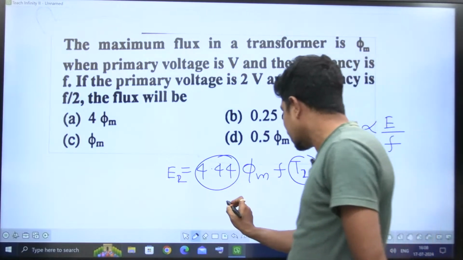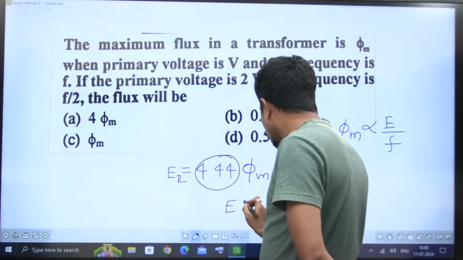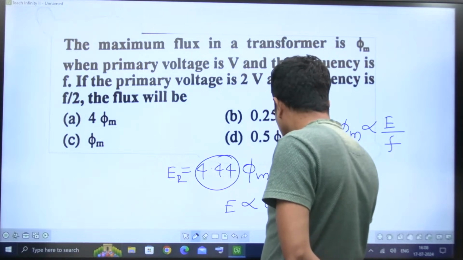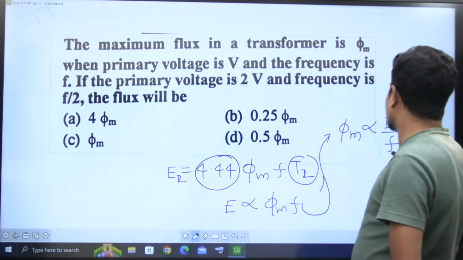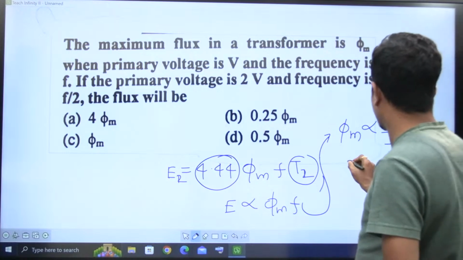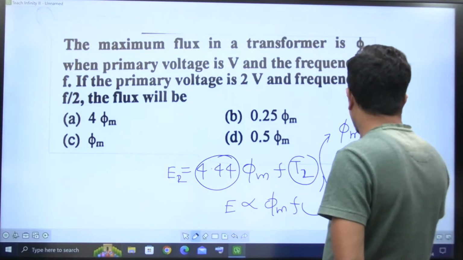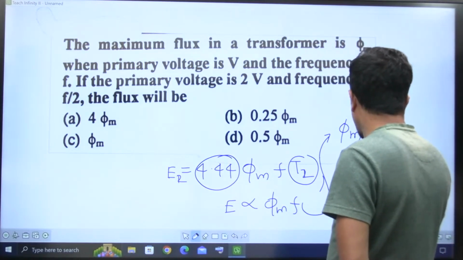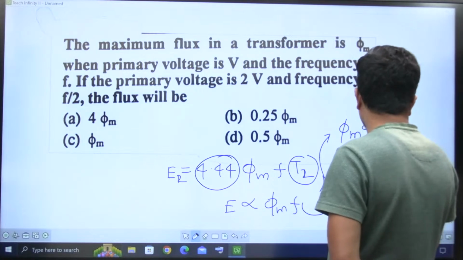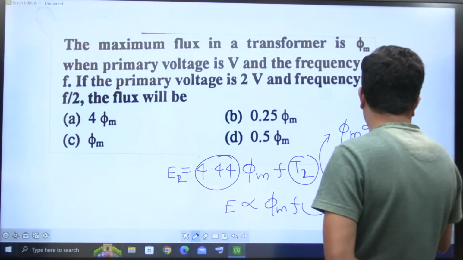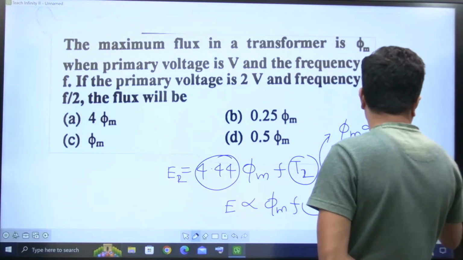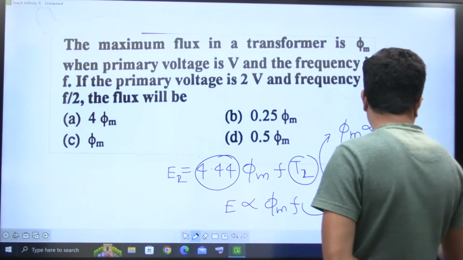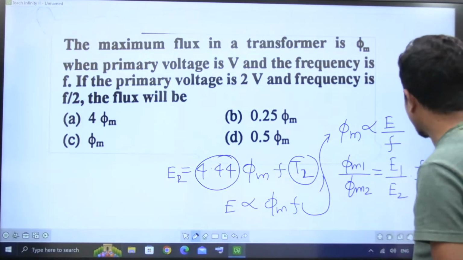And 4.44 is constant. I can write that E is directly proportional to Φm into f. The question is asked about Φm, that is, Φm is directly proportional to E by f. Can I write it as Φm1 by Φm2 equals E1 by E2 into f2 by f1?